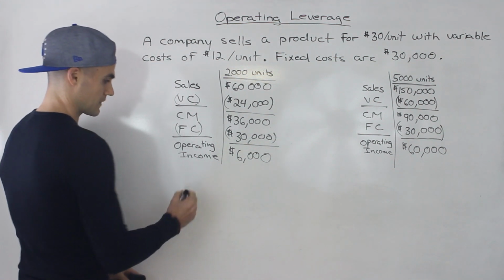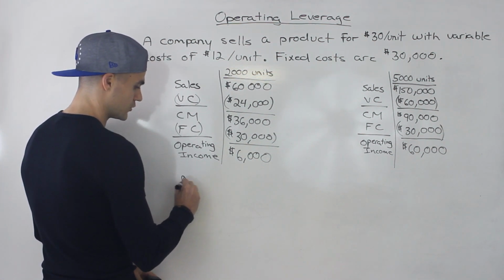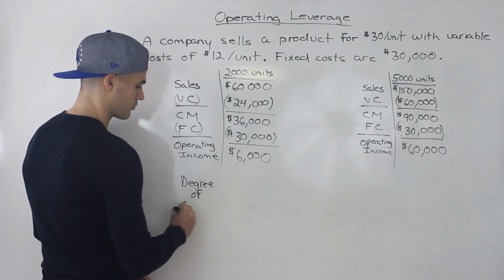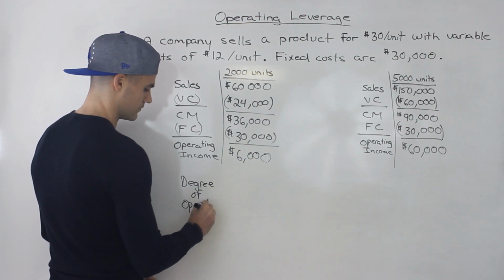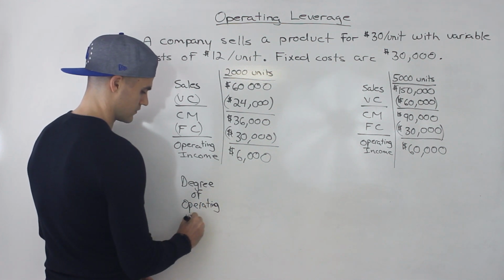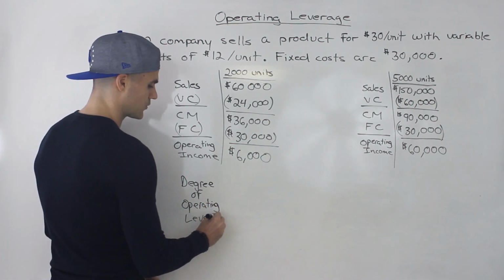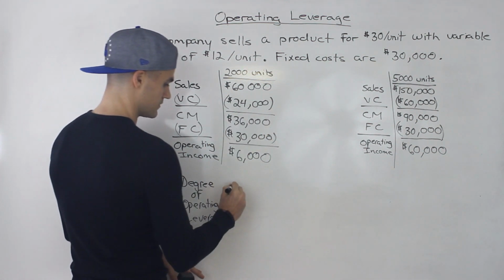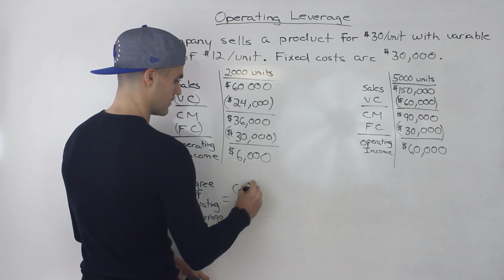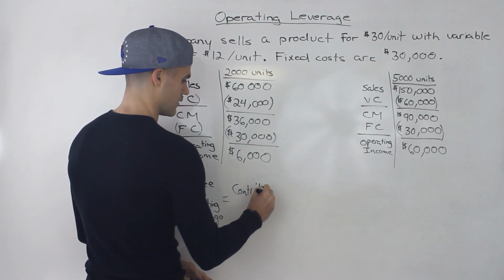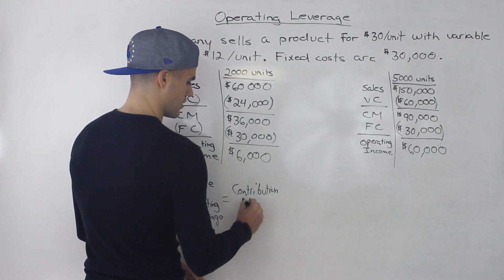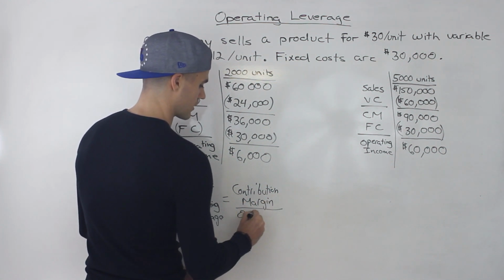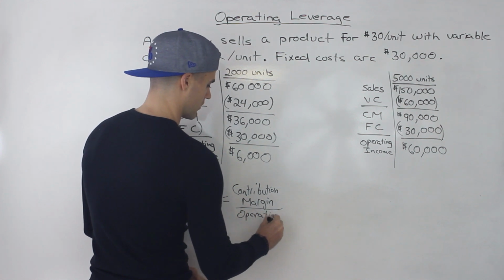Now from here, we can get something called the degree of operating leverage. What the degree of operating leverage is, it's basically the contribution margin all over the operating income.